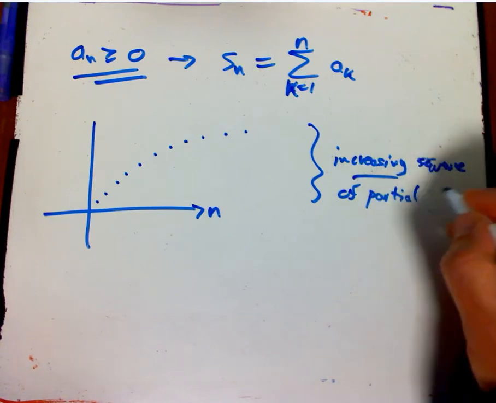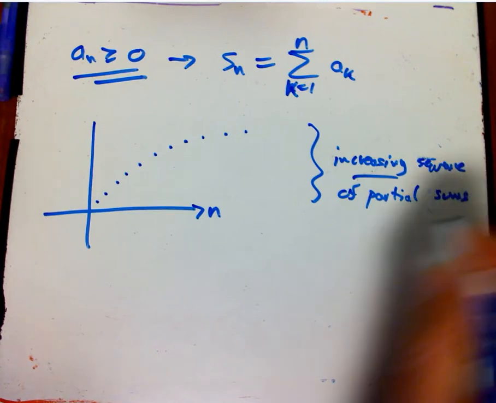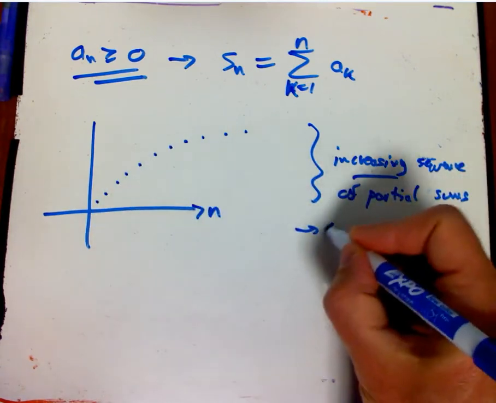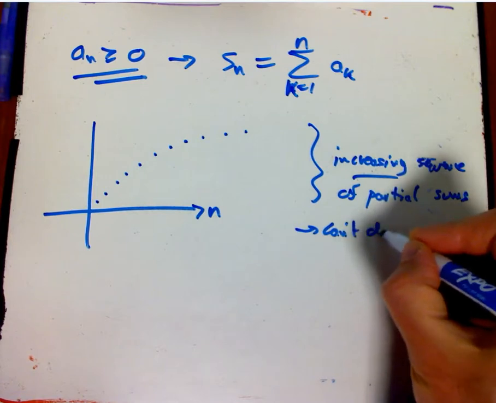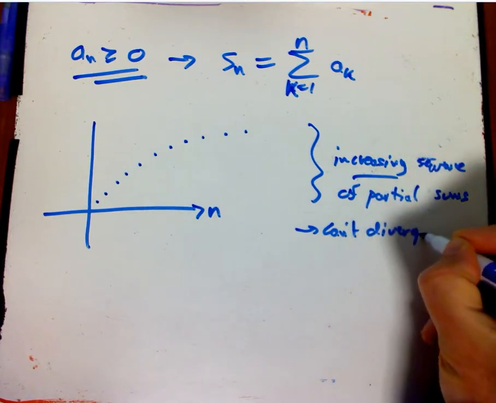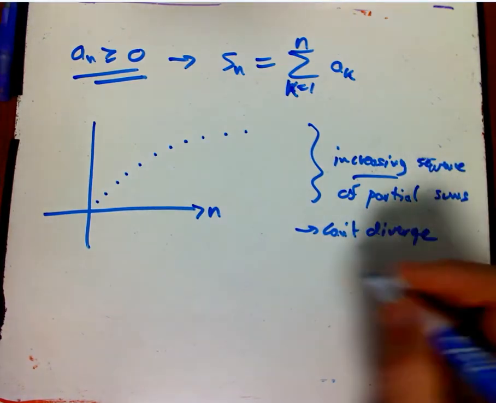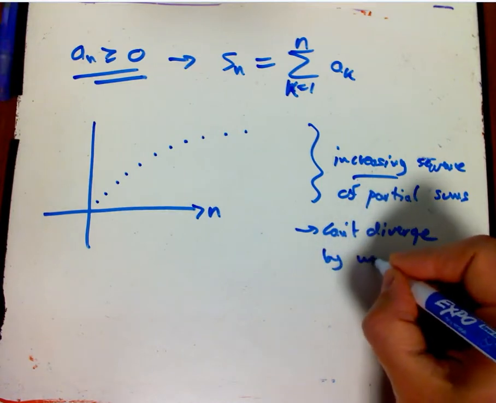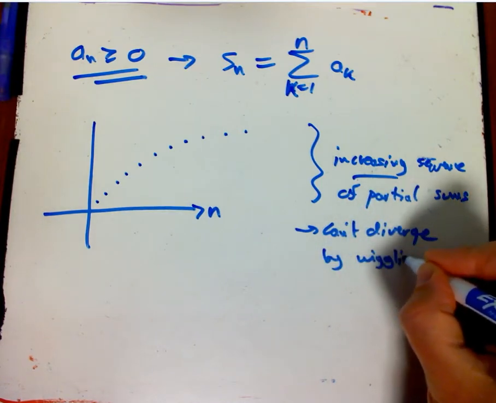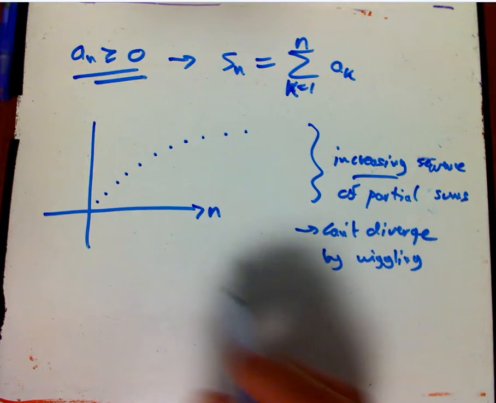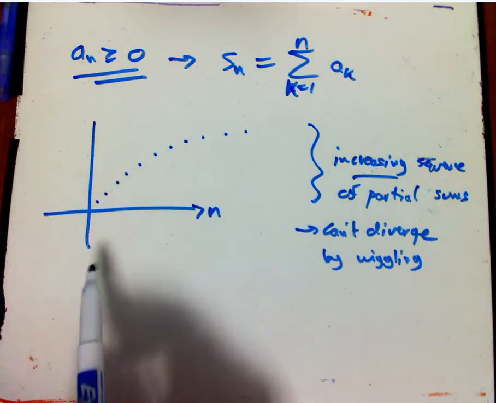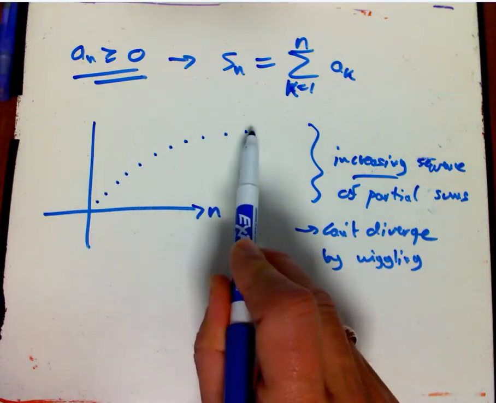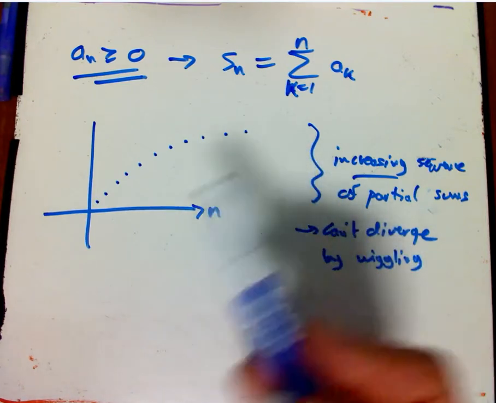And the important thing there is that it can't diverge by wiggling. In general, a sequence can fail to converge either because it blows up, or because it wiggles and never settles down. If you have an increasing sequence of numbers, then it's not wiggling at all. It's going in one direction.